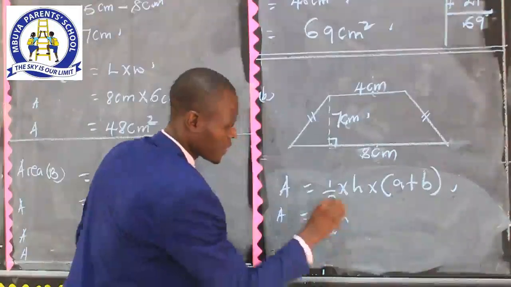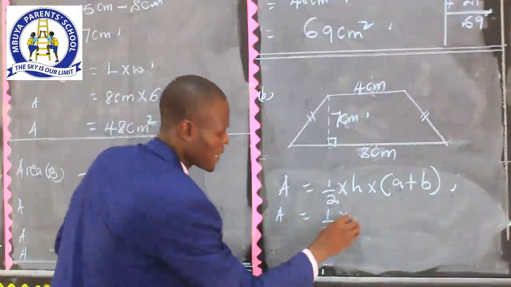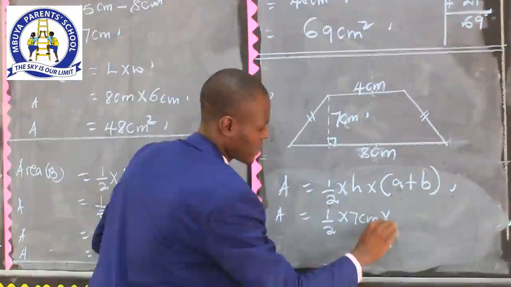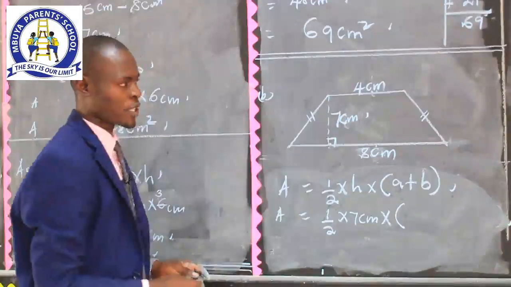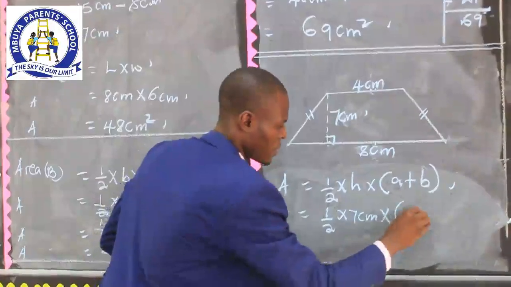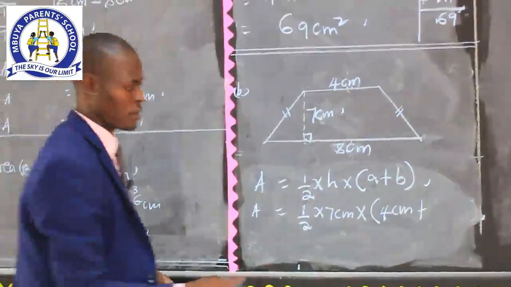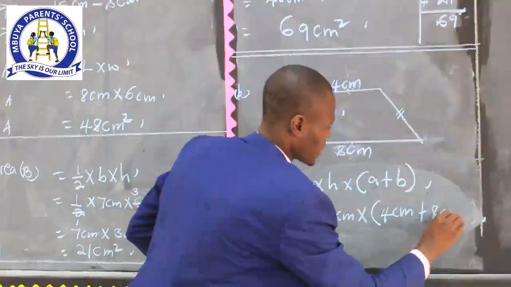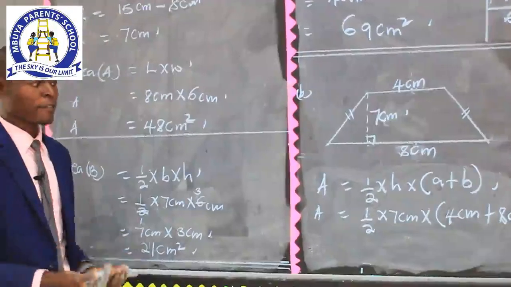We have the constant a half times our height, which has been given as 7 centimeters, times, open the brackets. What is our shorter side? Plus, good, 4 centimeters, plus. What is our longer side? Wow, that is 8 centimeters. Good. You can now go ahead and simplify.